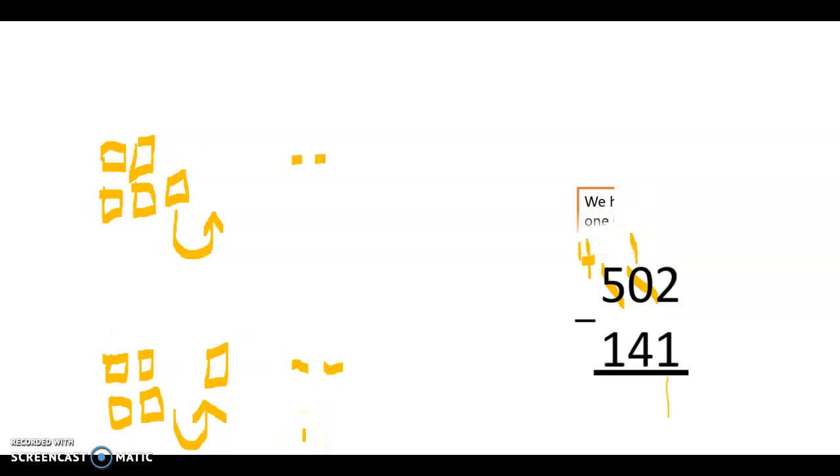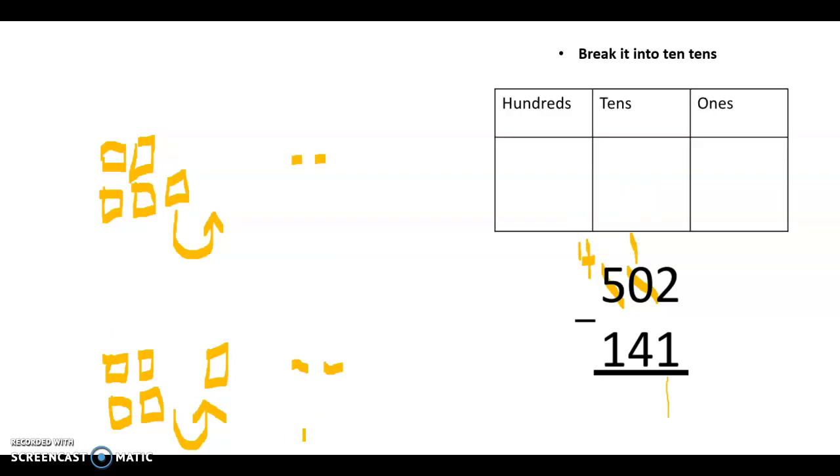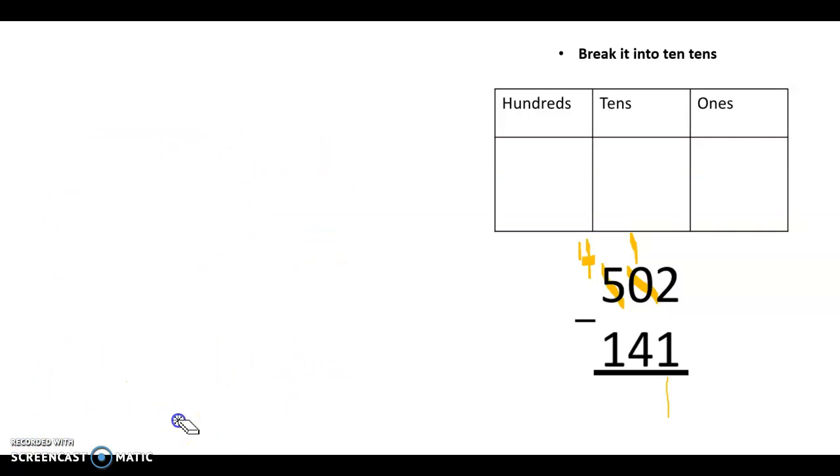So now that we've moved that 100 into the tens place, it's in the tens place, so we have to break it up into tens. So there are 10 tens in 100.